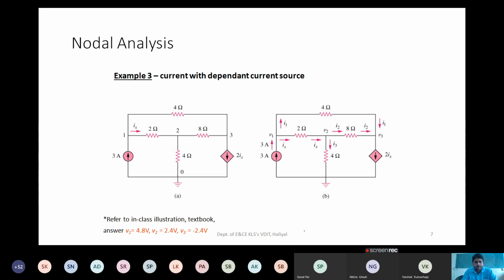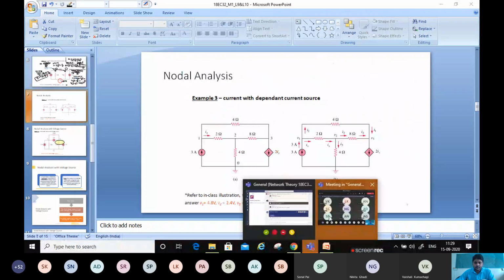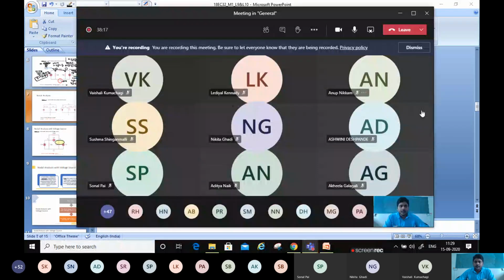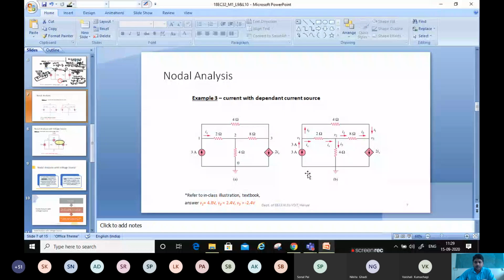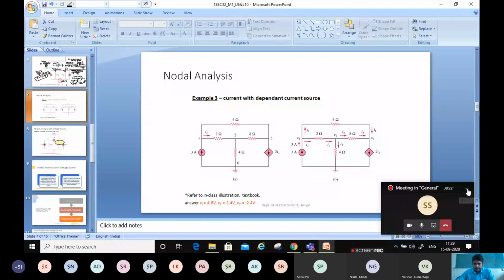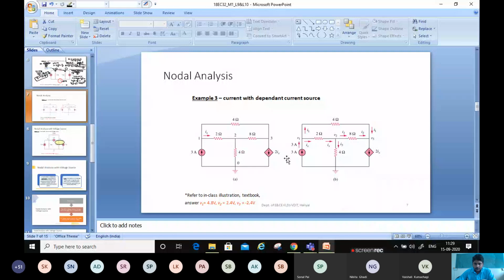How to define Ix with respect to this circuit?